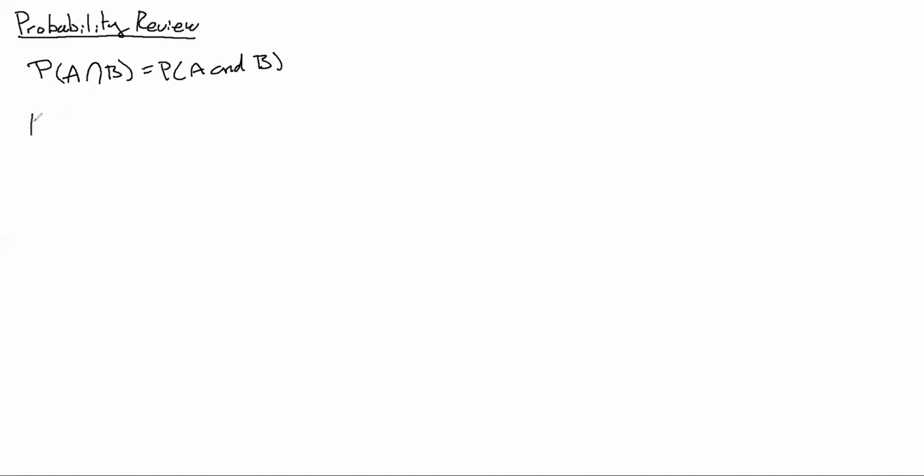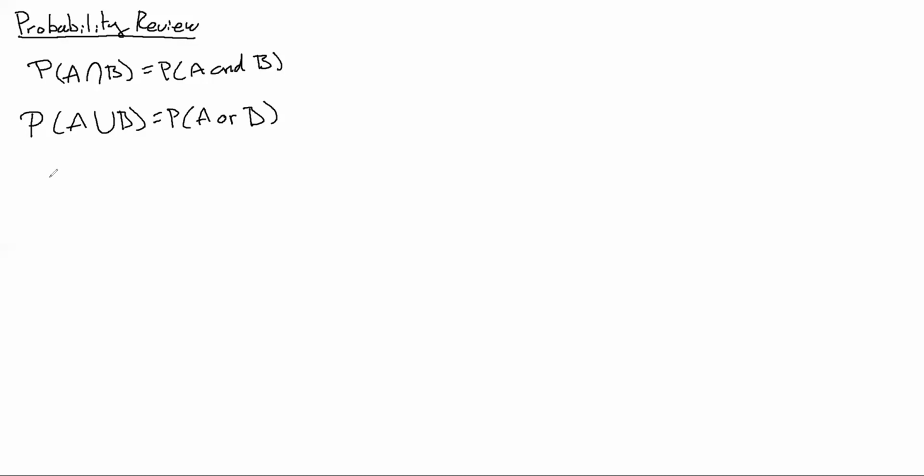So the probability of A and B is the intersection. If we say the probability of A or B, this is the big U, the union. I'm sorry, I switched them up. So the probability of A or B could be one or the other, it doesn't matter. This is how you'd write that.